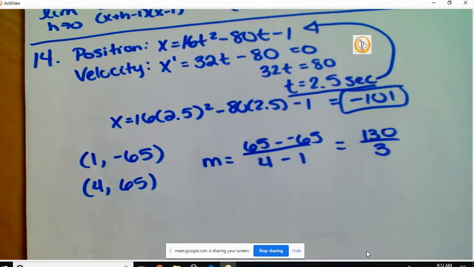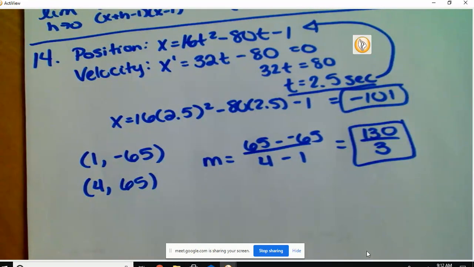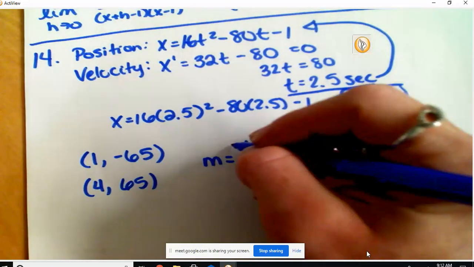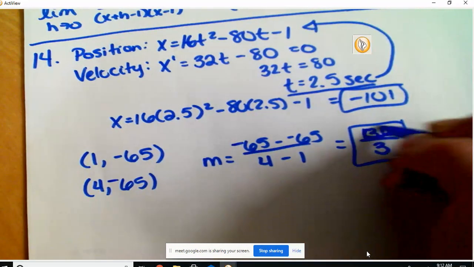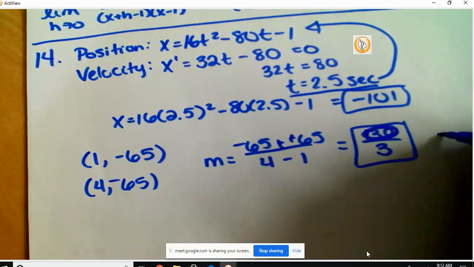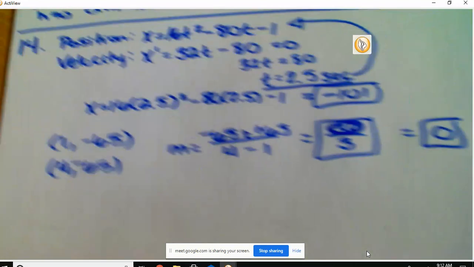So I get 130 over 3, which you could leave it as that fraction if you'd like. It's negative. I was going to say, that doesn't match the answer on my key. Okay, so this should be a negative 65, which gives you a 0 on top. So we get a 0 for our answer.